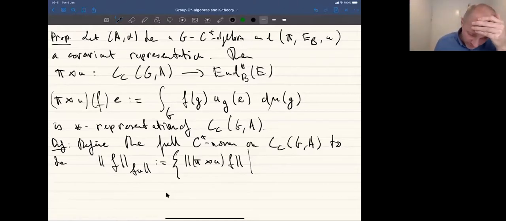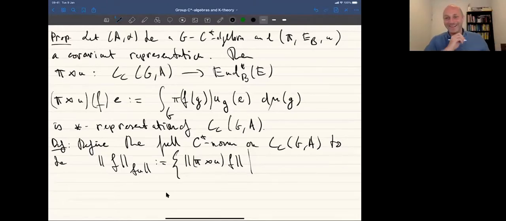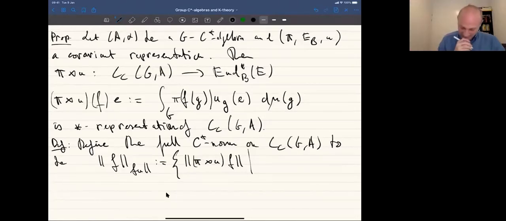Maybe I should, did I suppress the pi? So yeah, there should be a pi here. Pi of that, okay. That's a good point. That was certainly what was meant here, yes. So use the whole covariant representation, thanks. So pi, E, U is a covariant representation.